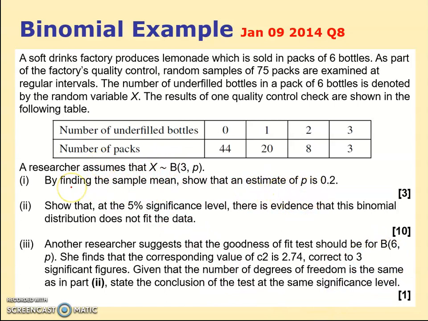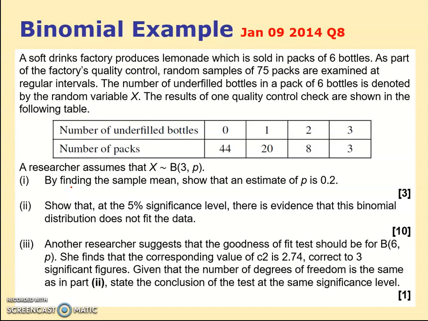So we've got a similar question to last time. We have to put this into our Casio calculator and do 1-var stats again. We did that before, so hopefully you can remember how to do it again. Into my calculator now: 0, 1, 2, 3.